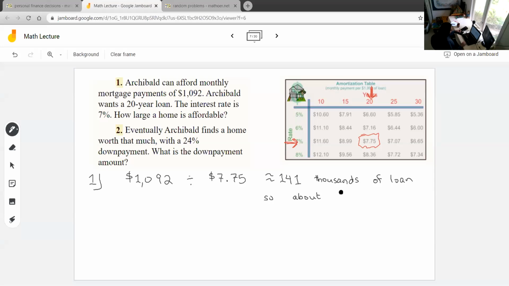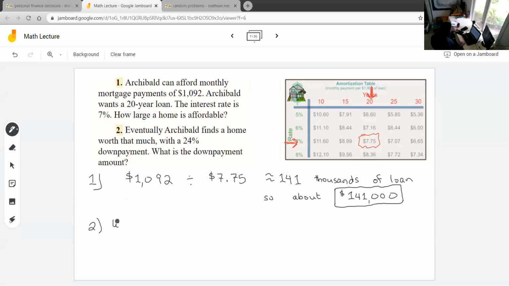His down payment will mess this up, but in general, we know that Archibald is looking for about $141,000 of home size. "24% of something."